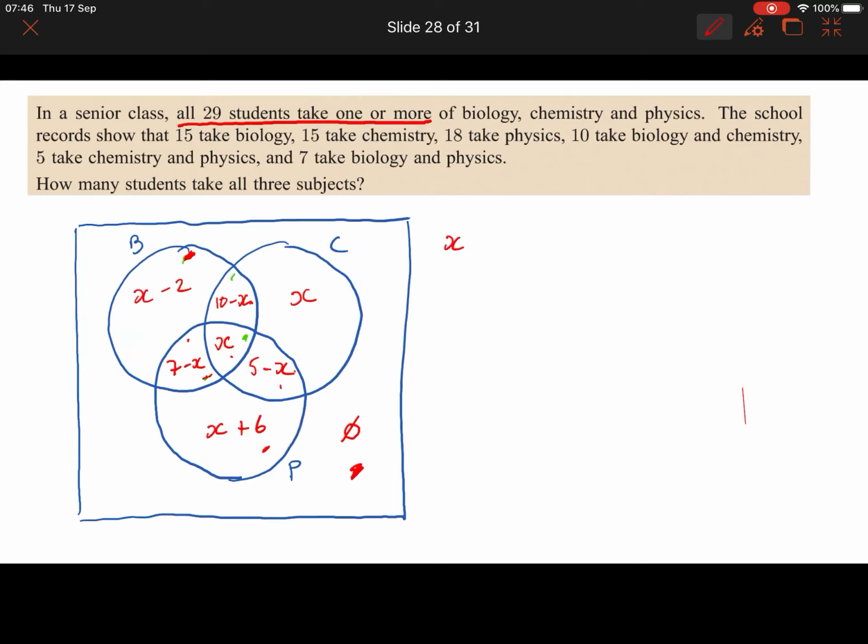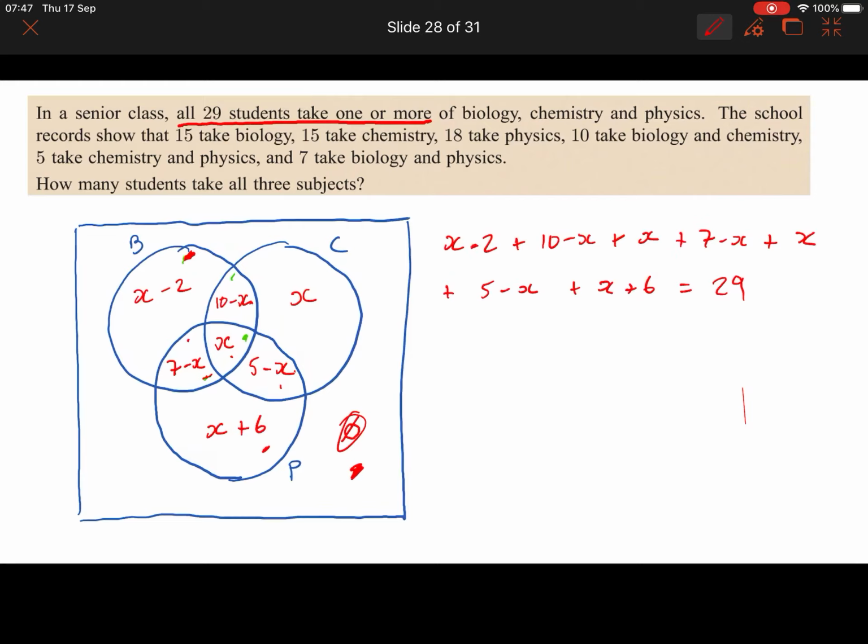So we can say that x minus 2, and I'm just going to go along the rows, plus 10 minus x, plus x, and I don't need brackets this time because I'm adding, plus 7 minus x, plus x, let's just go down a row, plus 5 minus x, plus x plus 6 plus nothing is equal to 29. Okay? Right, let's collect up x's.